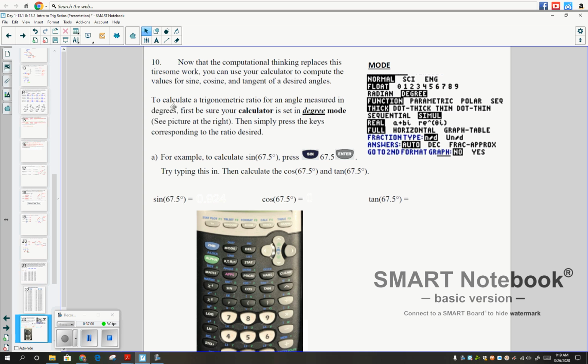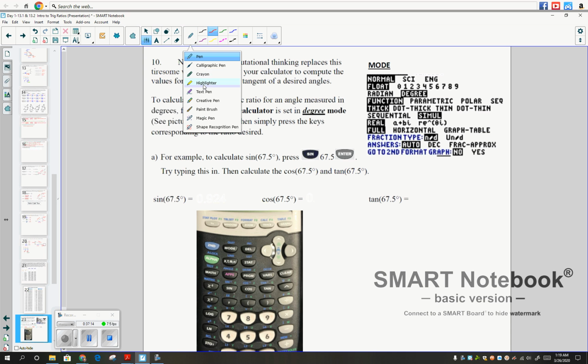Well, the first thing we have to do, because we're dealing with degrees, we have to make sure our calculator is in the right mode. If we do not, we will get the wrong answers every single time. Because I talked about there's two angle measures, degrees and radians. So what I'm going to do first is select the mode button. On the TI, it's this button right here. When I hit mode, the screen you see right here should pop up.